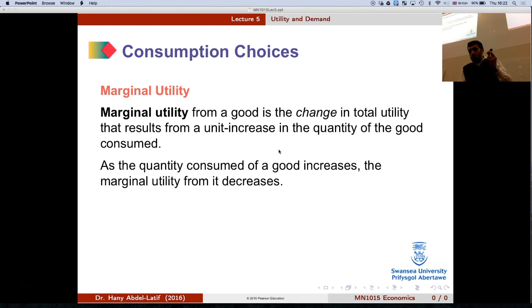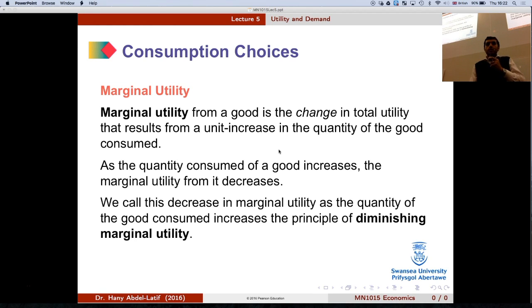So the difference is, we said the more you consume, the total utility will increase. But here, with marginal utility, it will decrease. And that's what we call diminishing, or the principle of diminishing marginal utility. So just think of when you drink water, if you're very thirsty. Okay? So I offer you 3 glasses of water.